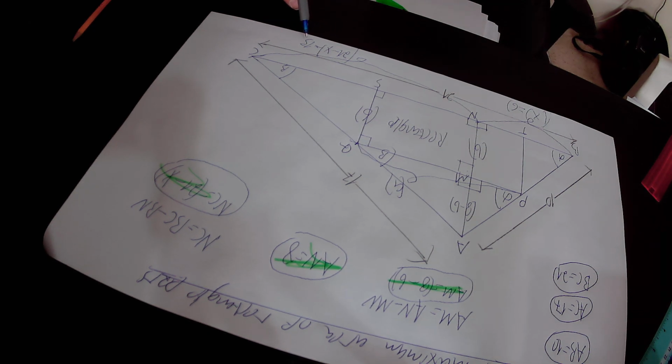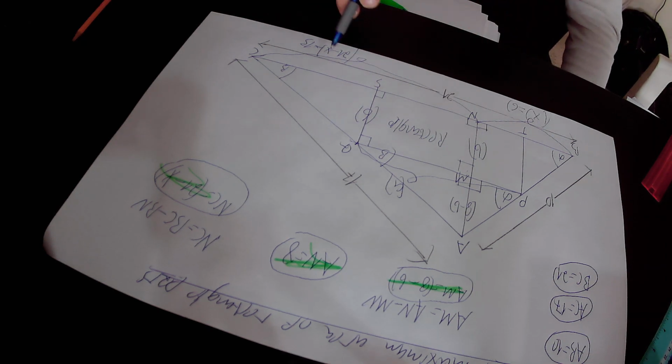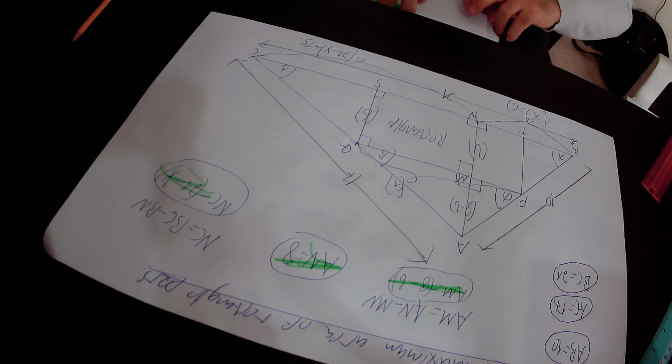So I found that all three angles in the big triangle ABC are correspondingly equal to all three angles in the small triangle APQ.